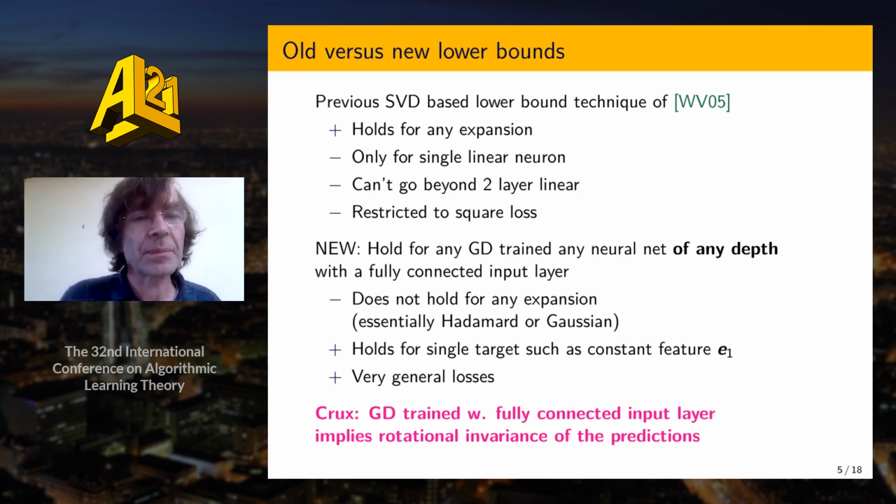Here, we don't have the expansion, but we show the lower bound holds for a fixed function. It's kind of surprising. And for very, very general losses. The key trick is, as soon as you have a complete input layer, you have rotation invariance, and that is a certain liability. And this is a really nice punchline that should be interesting.